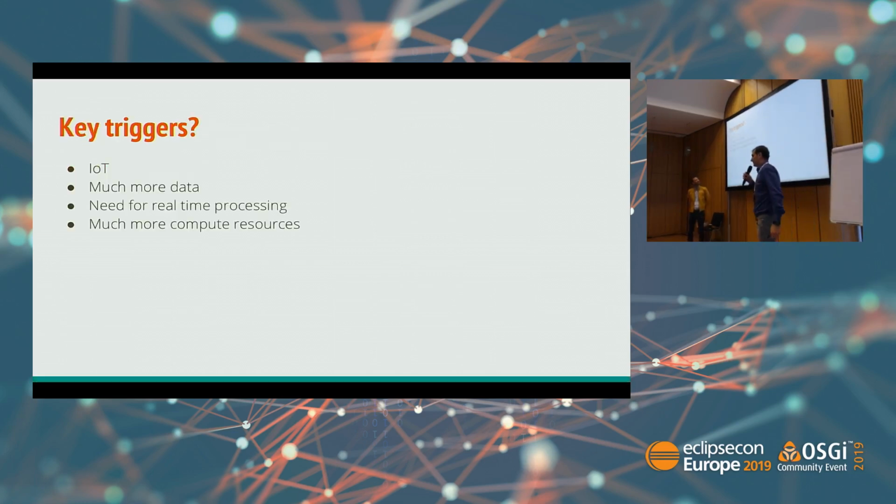There are a lot of triggers, and to actually have a shift in the computing paradigm, you need a perfect storm of multiple things happening at the same time. For me, cloud native computing is the main trigger for edge, basically, because it's the same thing as with the start of IoT.